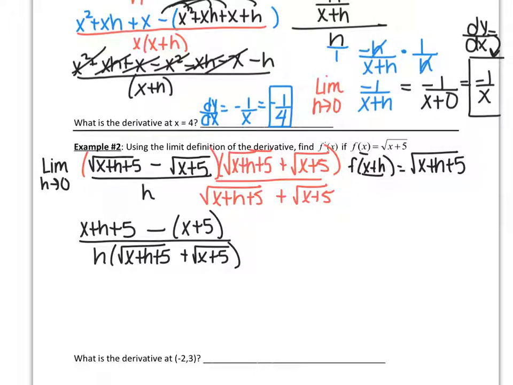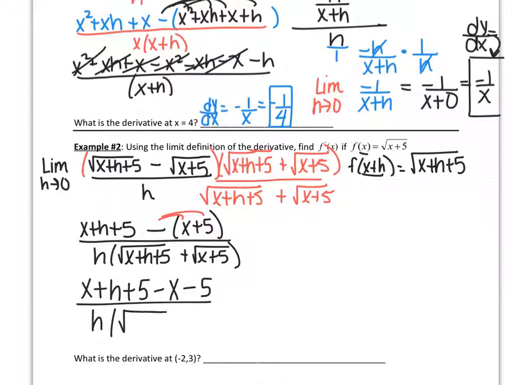So let's see what I can simplify on the top. First, I'll distribute the negative 1. So I have x plus h plus 5 minus x minus 5 over h times radical x plus h plus 5 plus radical x plus 5.